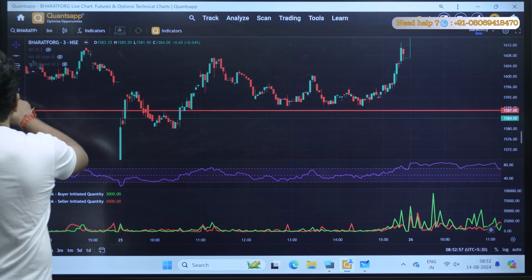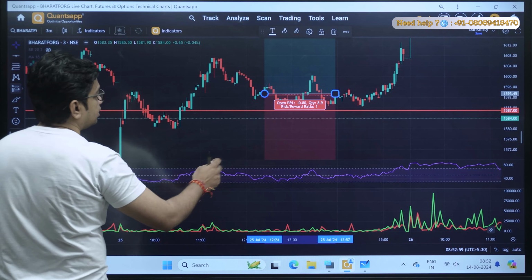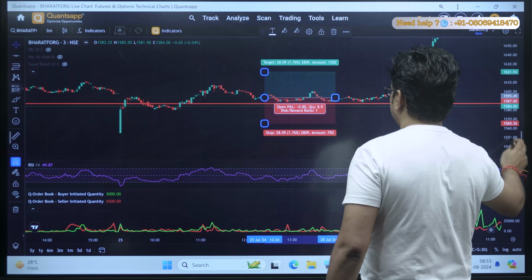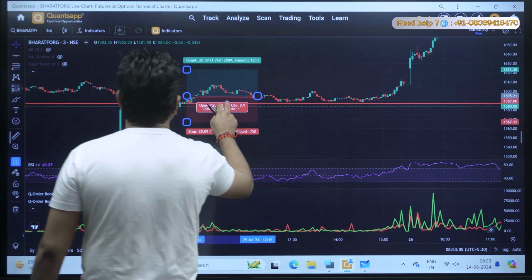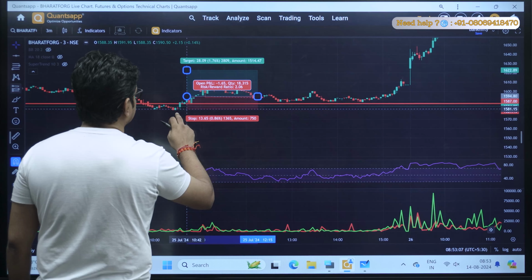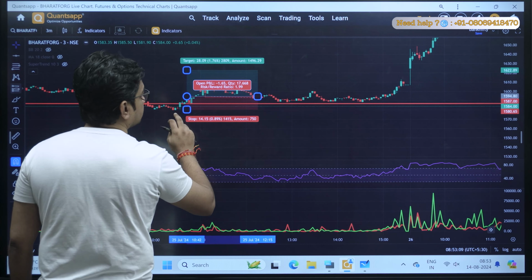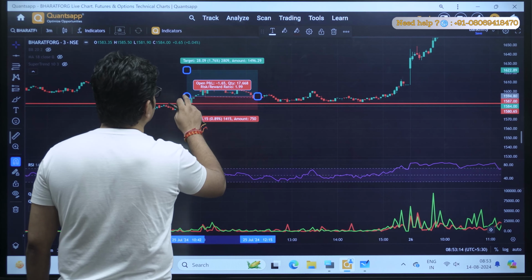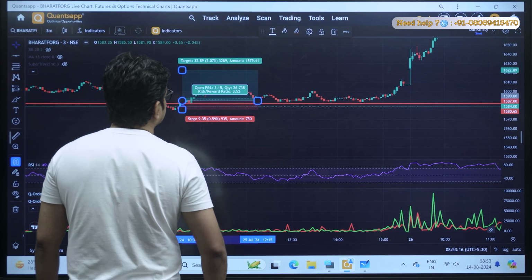So here, if I am going to take the trade, I am placing the order. So this is the stop loss.